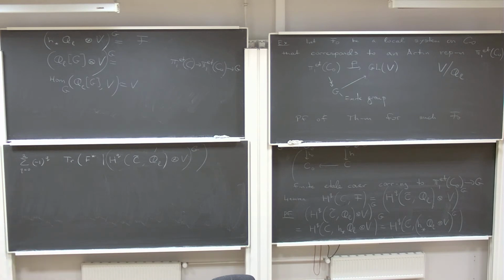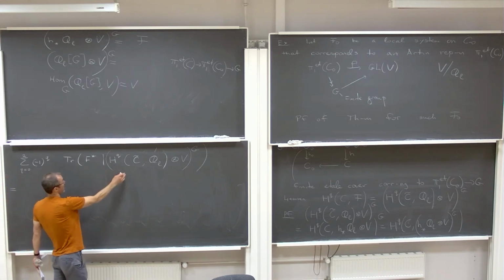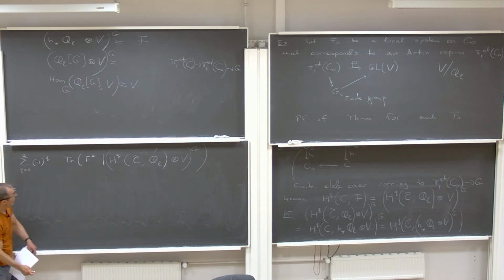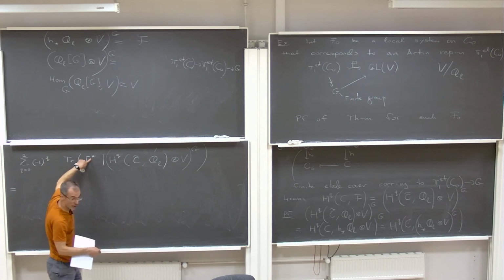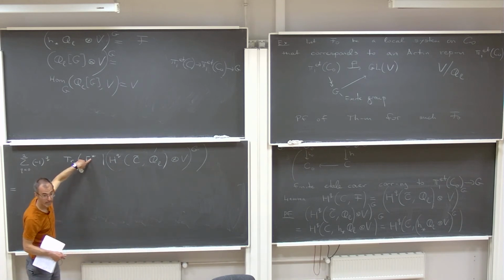So now, how do you compute such a trace? On this space, you have an action of G, and you have a commuting action of F, right?